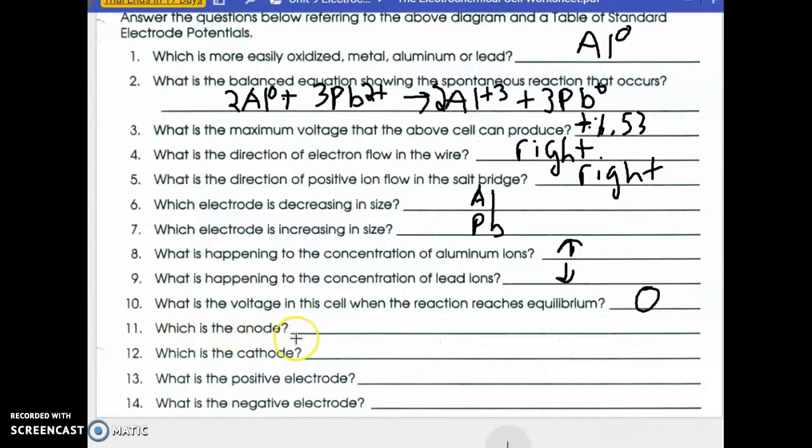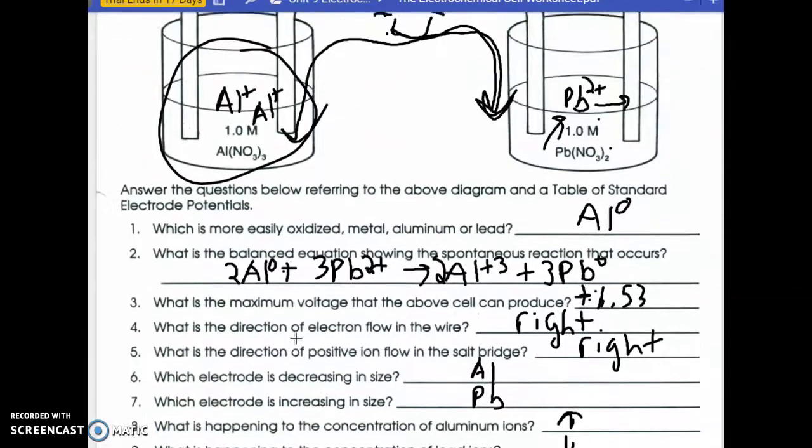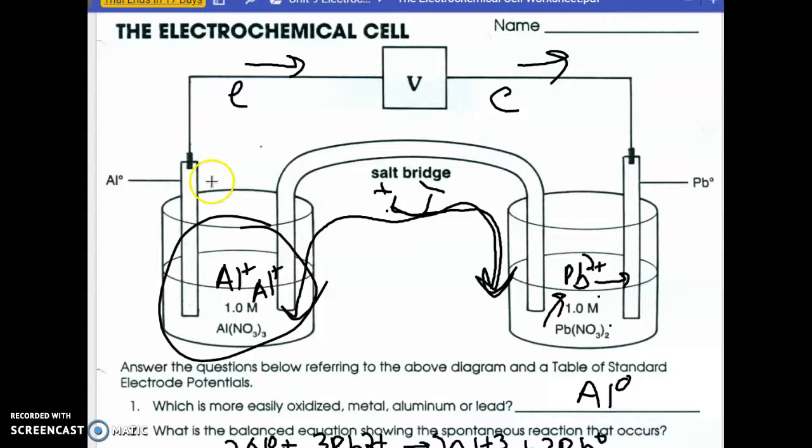Which is the anode? So we know that oxidation is happening at this electrode, and we know our cute little acronym, AN OX. So if oxidation is happening here, then this is the anode. And so this must be our red cat.